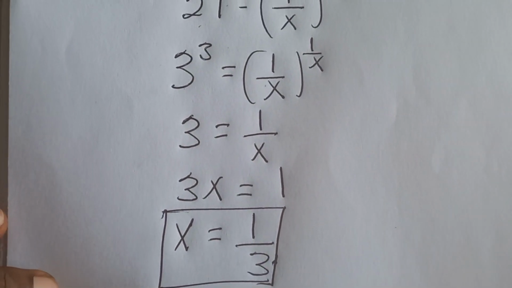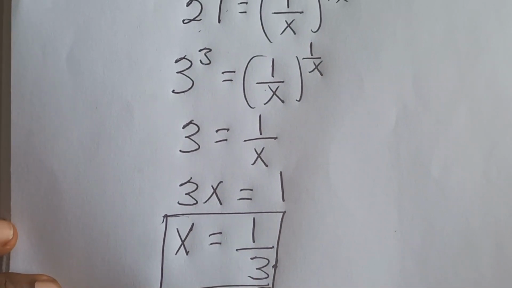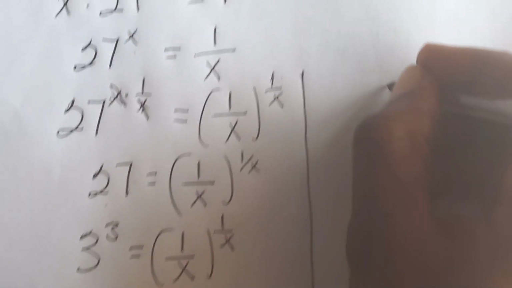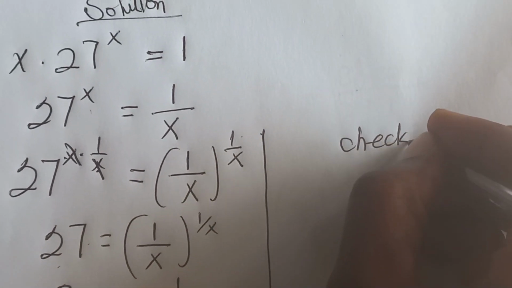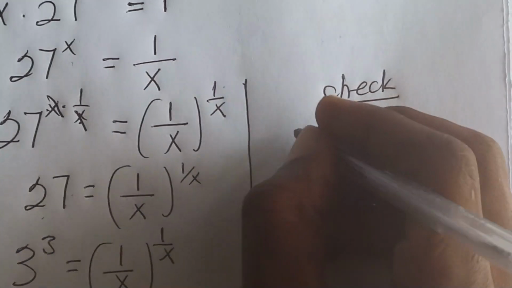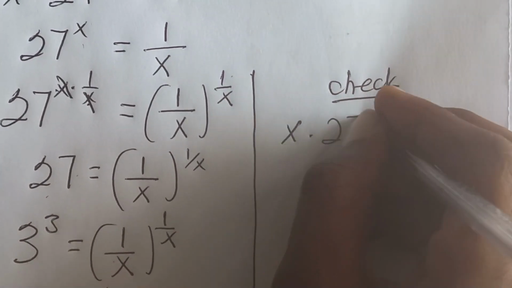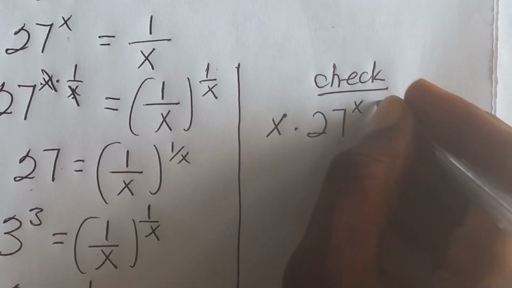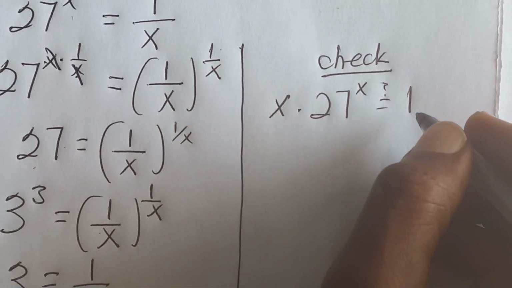Now let's check to see whether this answer satisfies the expression. We have x multiplied by 27 exponent x, which is equal to 1. So we are checking whether it is equal to 1.